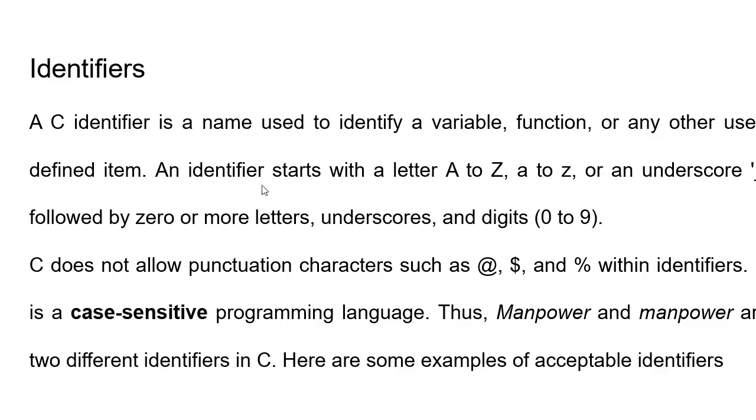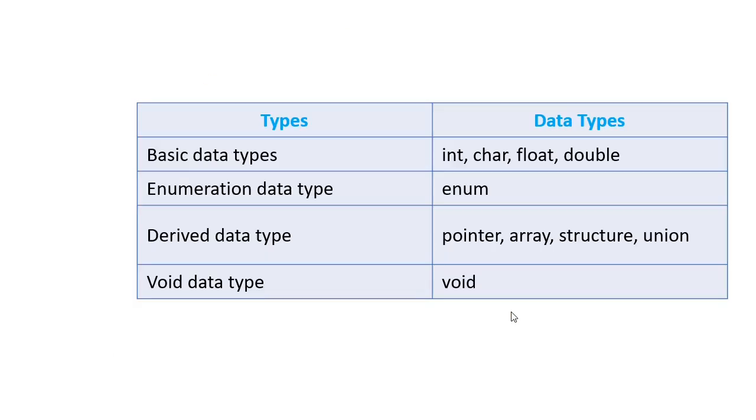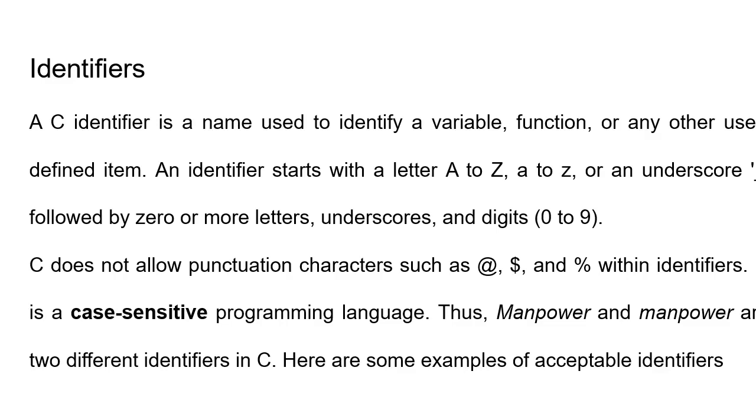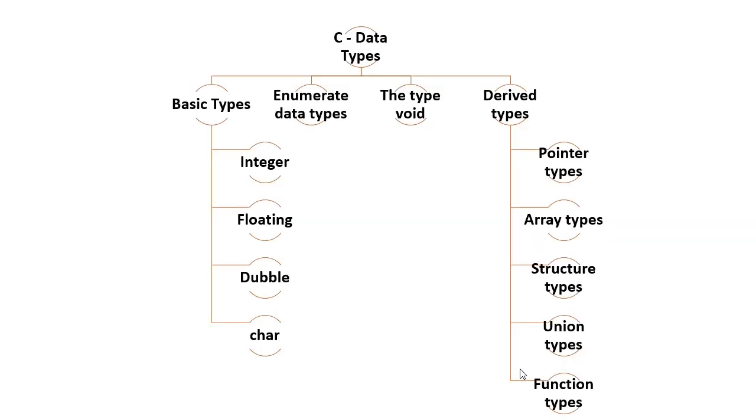Again, C does not allow punctuation characters such as dollar symbol, percentage, and at the rate while writing identifiers. C is a case-sensitive programming language, thus Manpower and manpower, one starting with a capital M and the other with a small m, are two different identifiers. Here are some examples of acceptable identifiers.